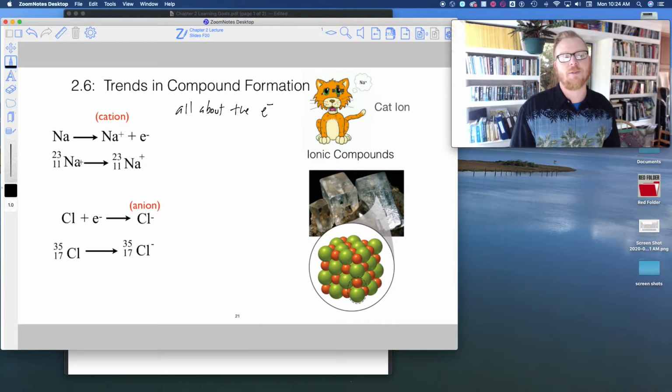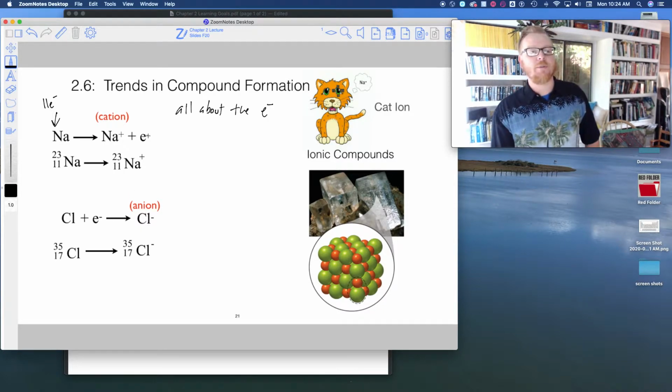So I can still simply write sodium, neutral sodium, which we know is going to have 11 electrons, and I know it has 11 electrons because it's not charged and it has 11 protons. So that number tells me 11 protons.